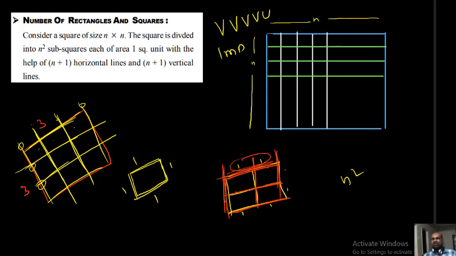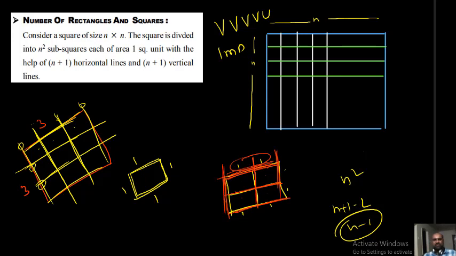Already 2 sides are there. So remaining, what? Actually n plus 1 lines I want. 2 are there. So n plus 1 minus 2, that is n minus 1 straight lines we need to construct. N minus 1 horizontal lines and n minus 1 vertical lines you need to draw, so that the total square is divided into n squared subsquares of each 1 unit length.